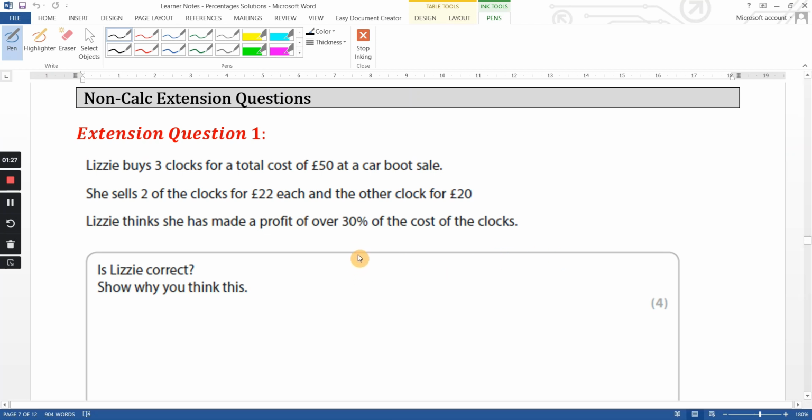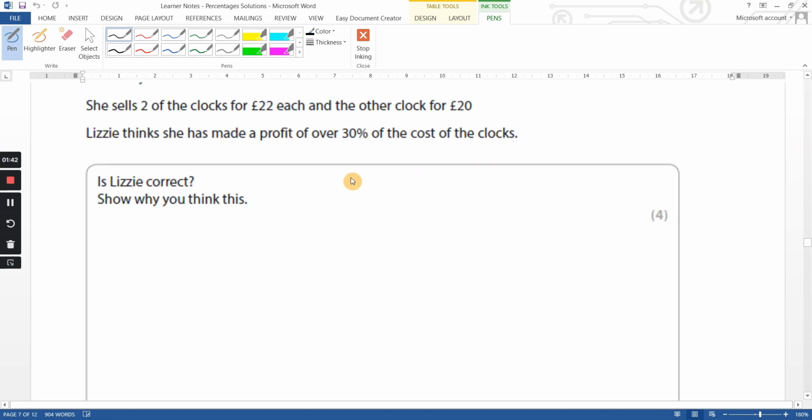Okay, so me personally, I think if you're trying to work out a percentage profit of 30%, percentage profit is to do with percentage change.